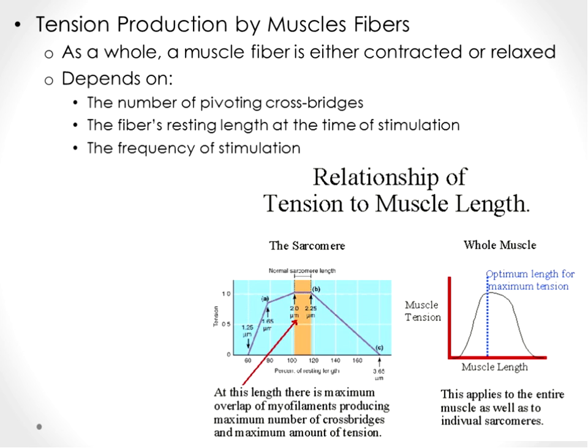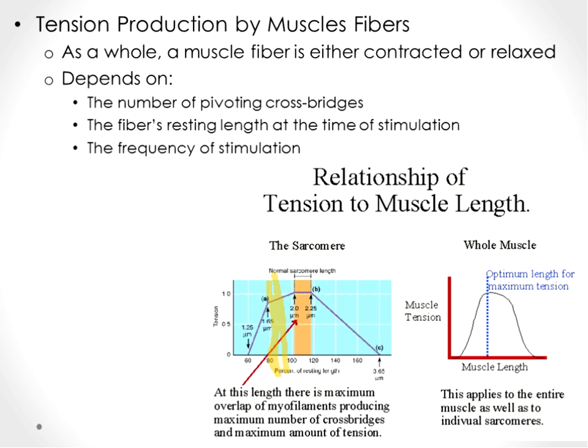I go back to that sarcomere and think about how I can make the sarcomere and the areas of overlap a little bit more optimal for getting more force production. For most of your muscles, the resting length of the sarcomeres, in terms of actin and myosin overlap, is not actually the most ideal place. So most of your sarcomeres are sitting where, if you ask them to produce a certain amount of force, they will.